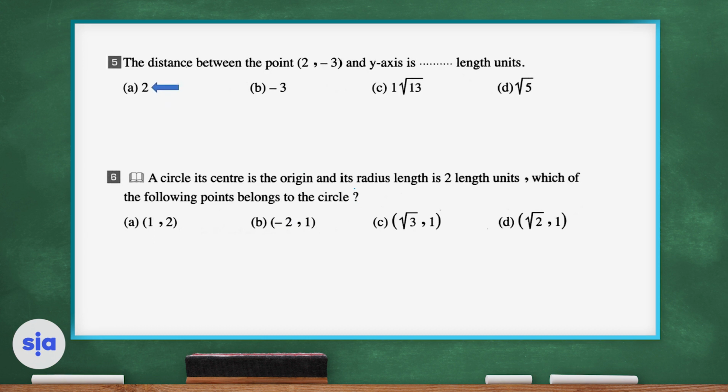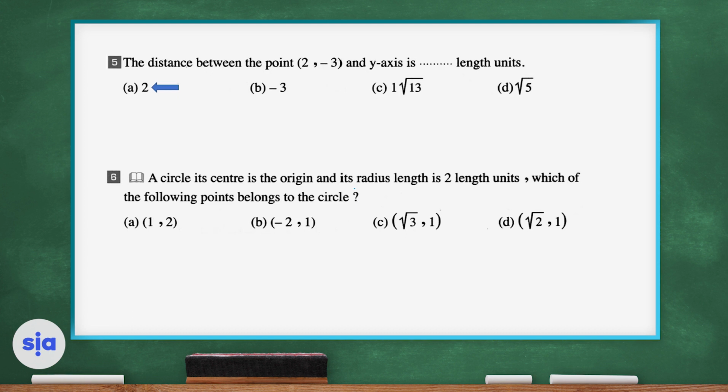Question 6, a circle, its center is the origin, that is point (0, 0), and its radius length is 2 length units. Which of the following points belong to the circle? So you need to go and check which one of the following points has the square root of x squared plus y squared equal to 2.